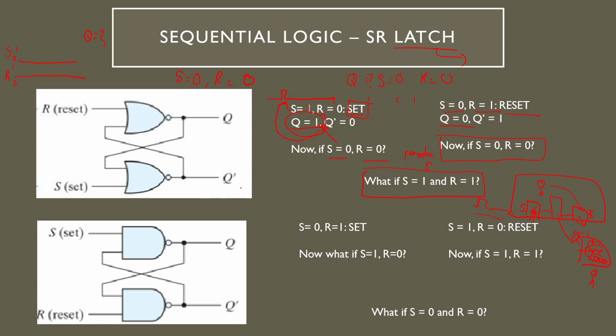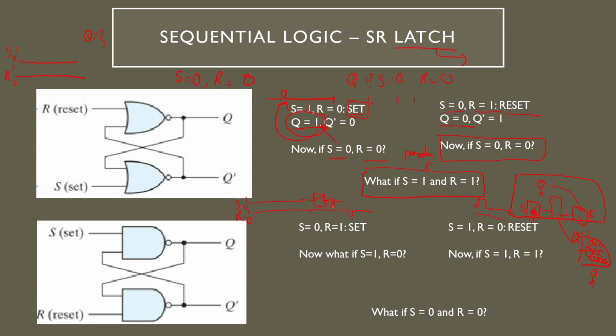But what if, so this is the system for an SR NOR latch. What if your default state of S is actually high? In that case, you want to use an SR NAND latch. This time, spikes are not registered as pulses high, they're registered as pulses low.